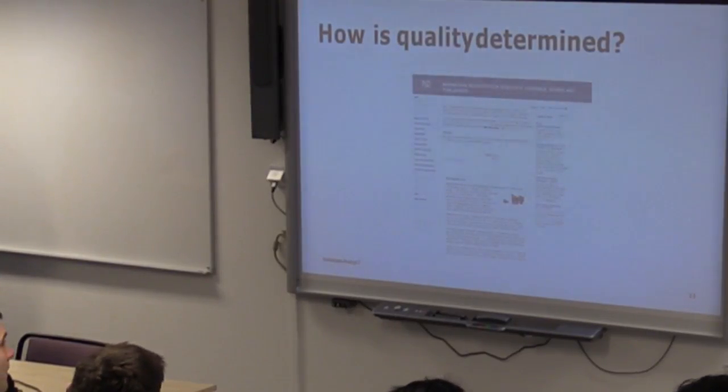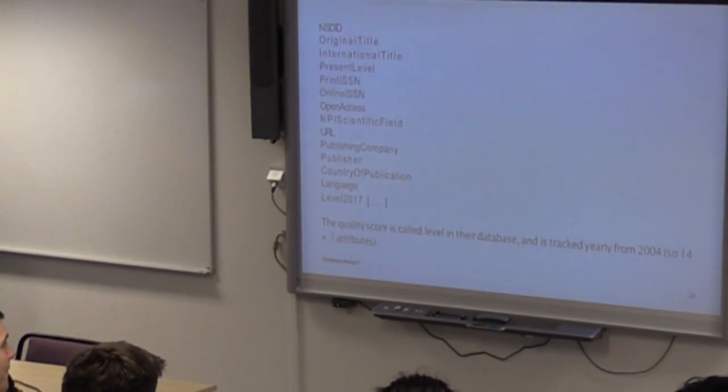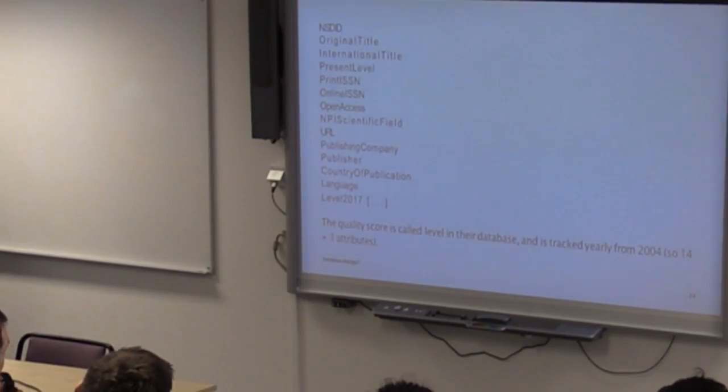So that Norwegian site is very good at that, and if you would study it, you would find that it has a few attributes here: the title, the international title, and so on, and its level, and the publisher, and the URL, and so on.